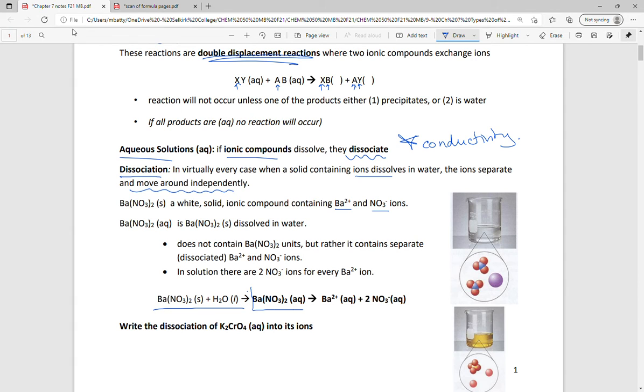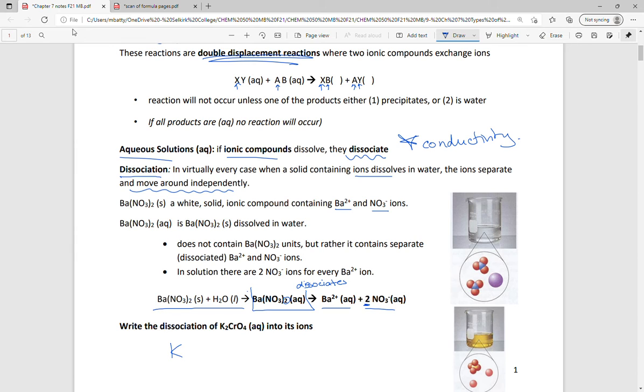So starting with this, you can see that in water it dissociates into the barium 2+ and 2 of the nitrate ions. Remember that 2 down below is captured here. And in a sense, that balances this dissociation equation.